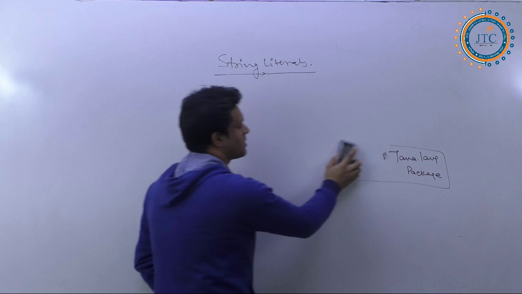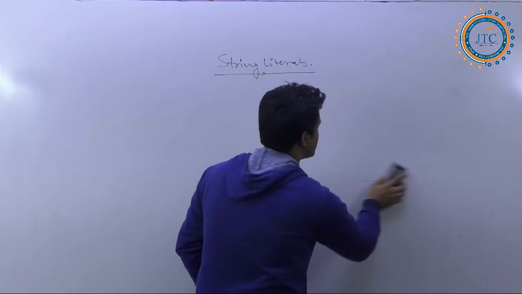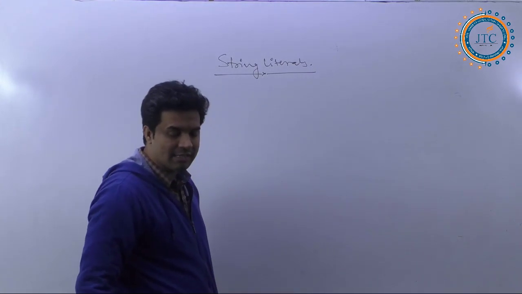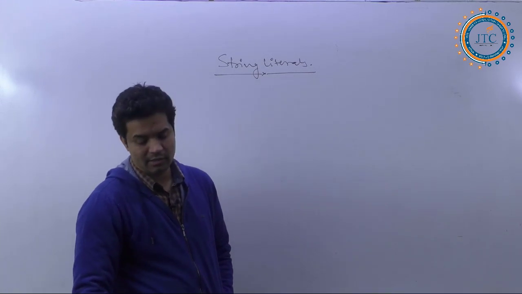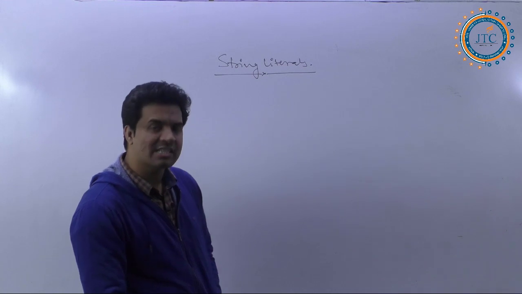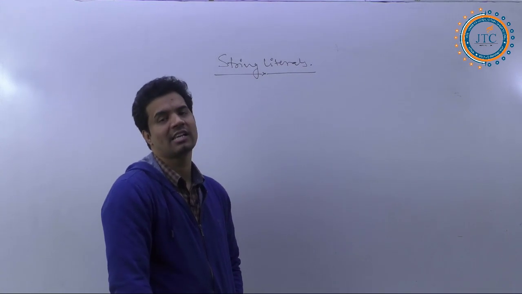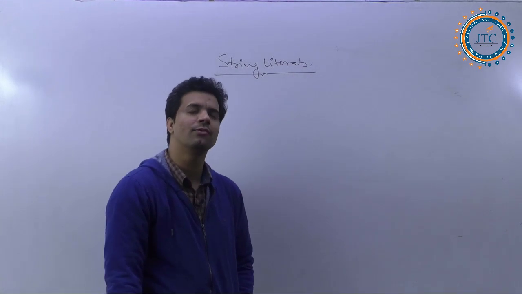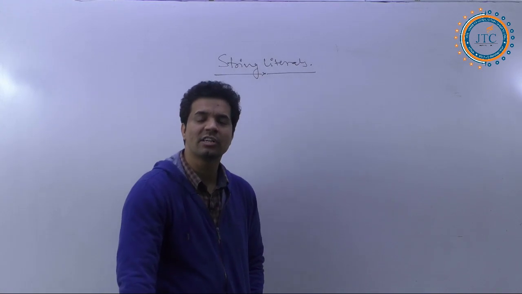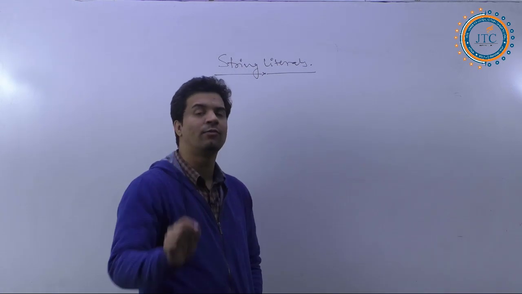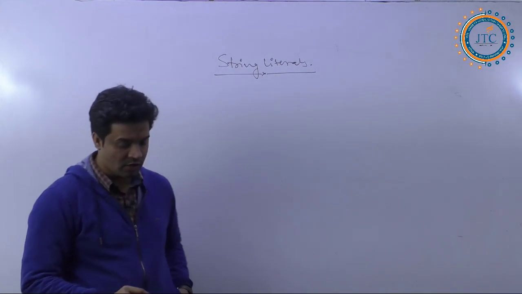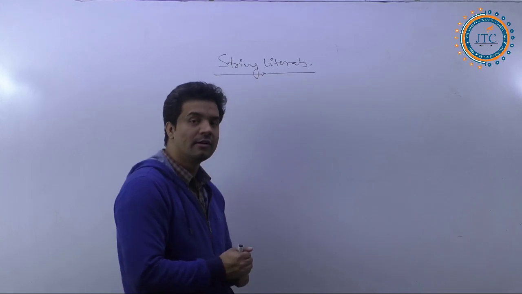Okay. So as I said, anything which is enclosed within double quotes is called a string literal. And second important thing: if you are enclosing any escape sequence characters inside the string literal, then it will show its original value for what it has been defined, what exactly it is representing.